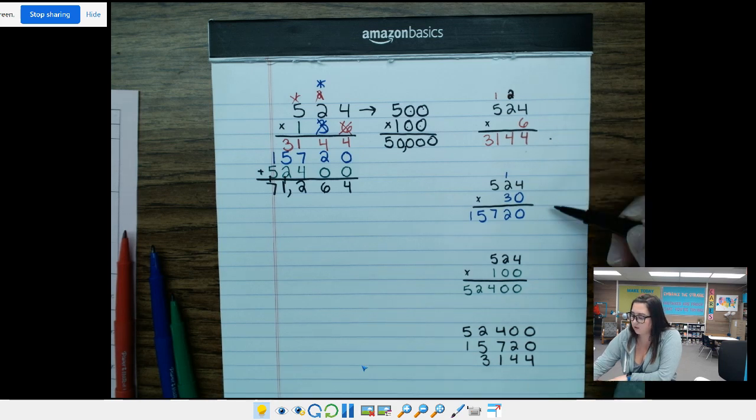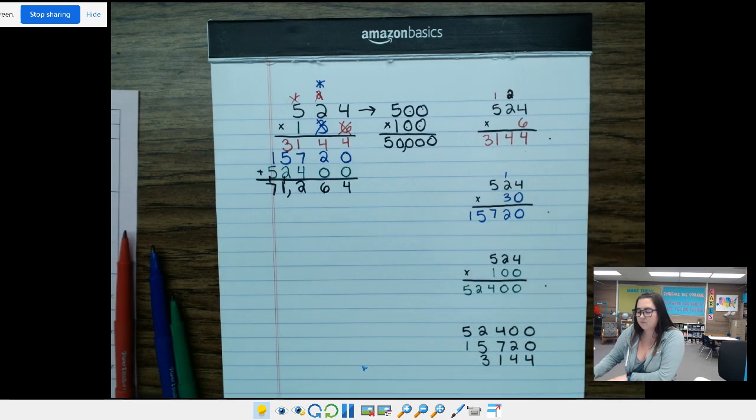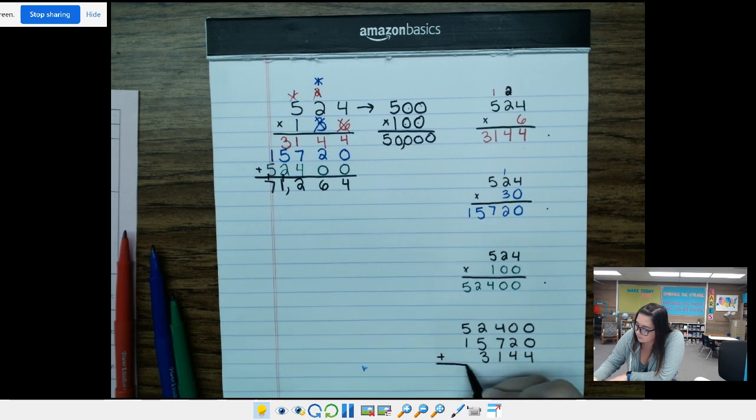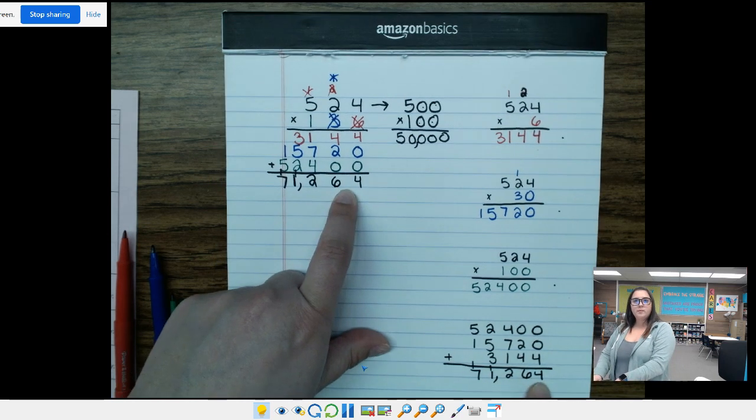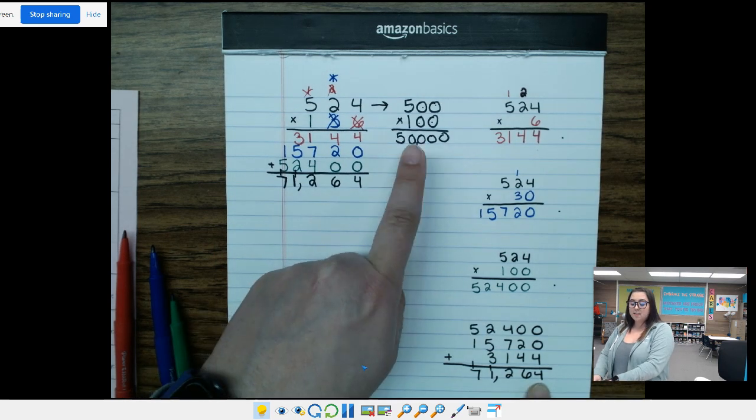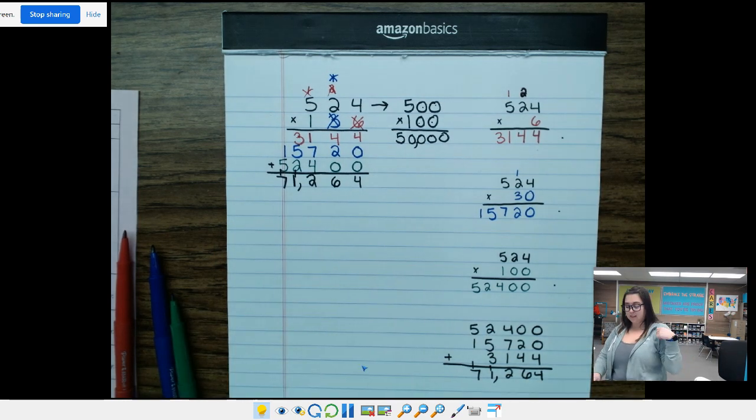That was my 3 answers here. I'm going to add them up. 4, 6, I'm doing this quick because we've already done this, 12, this would be 8, 10, 11, and 7. 71,264. I still expect you to estimate, though, to see, does your answer even make sense?